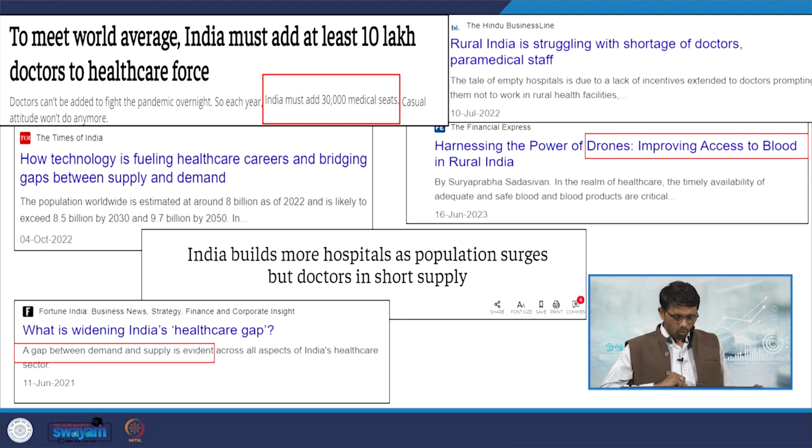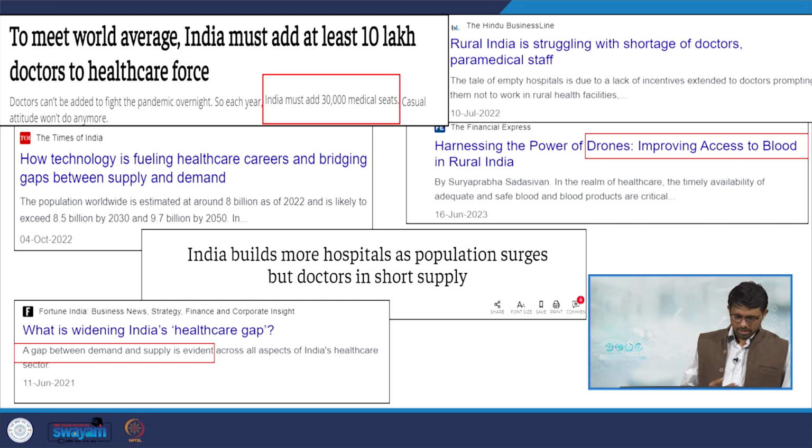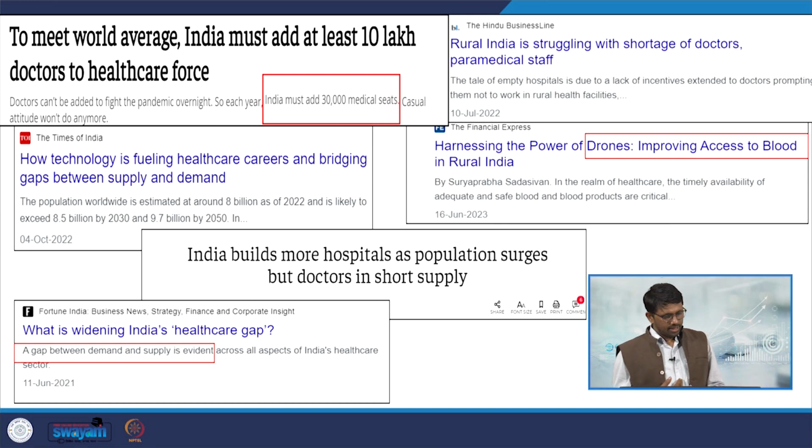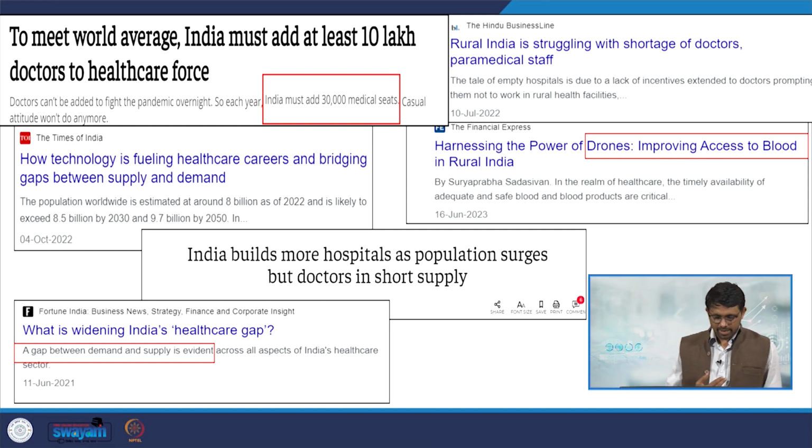India builds more hospitals as population surges, but doctors are still in short supply. Another one: what is widening India's healthcare gap? A gap between demand and supply is evident across all aspects of India's healthcare sector.